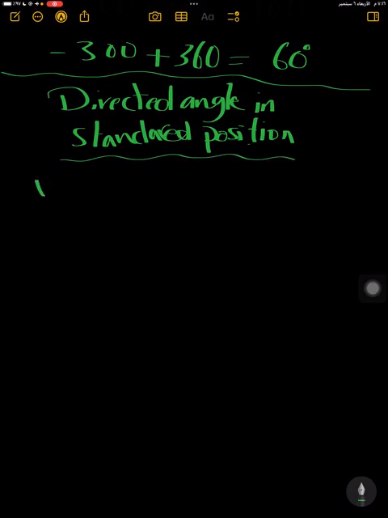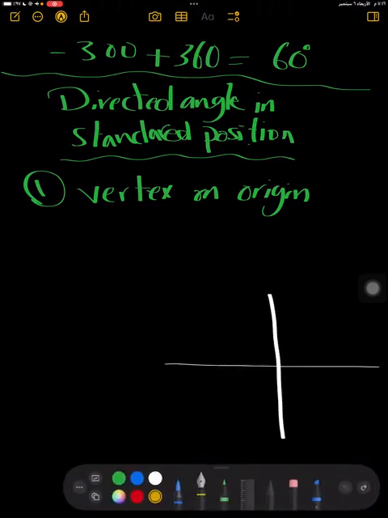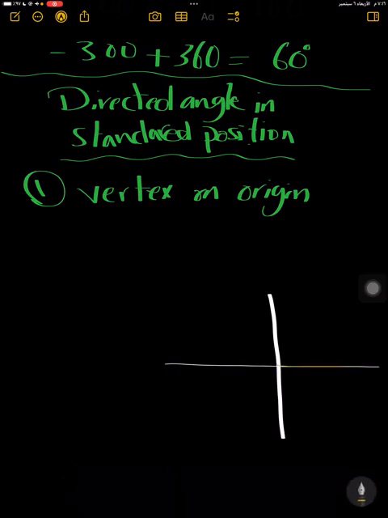The first condition is that its vertex must be on the origin point. For example, we have here the y-axis and x-axis. The first condition to make the directed angle in a standard position is that the vertex of the directed angle must be on the origin point. That is the first condition.